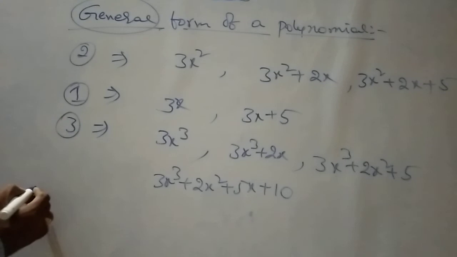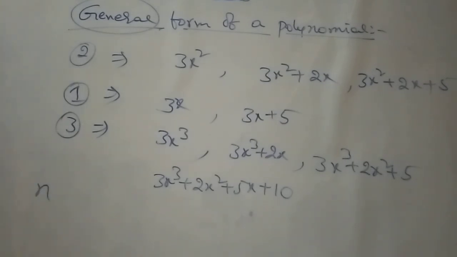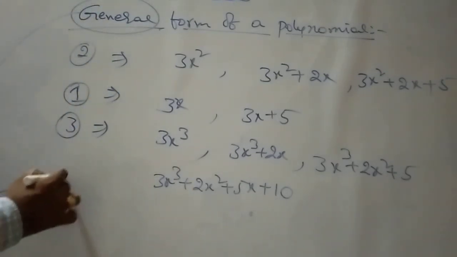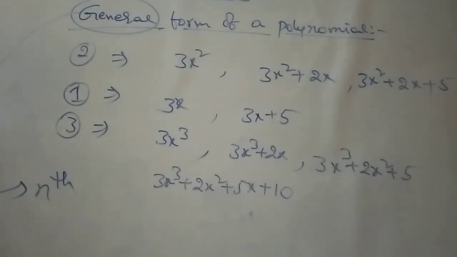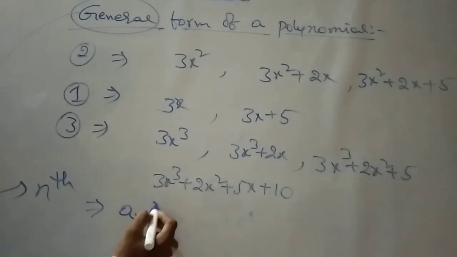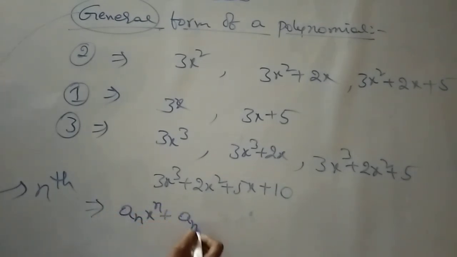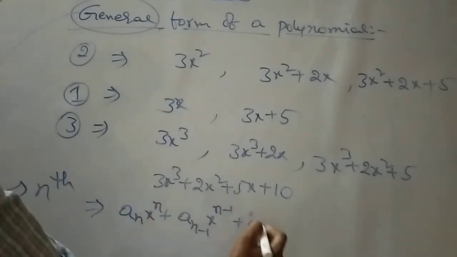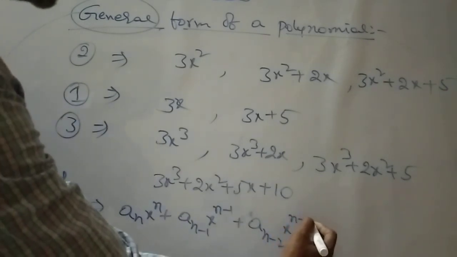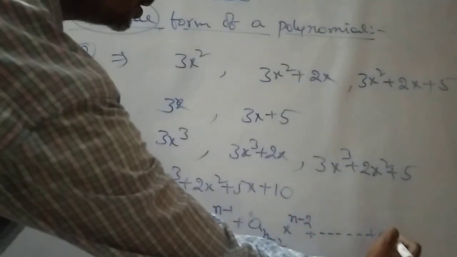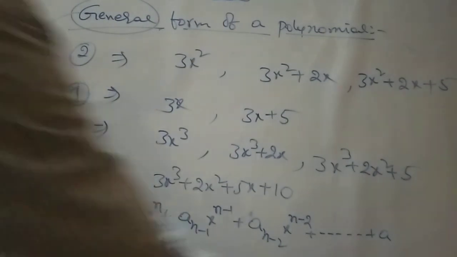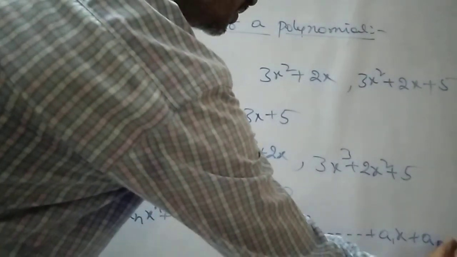From this, if the degree is n, we can write the general form of a polynomial with nth degree. Degree is n, meaning the highest power should be n. We can write that as an x power n plus an minus 1 x power n minus 1 plus an minus 2 x power n minus 2 plus and so on up to a1 x plus a naught.